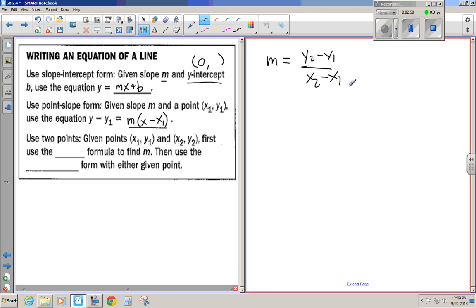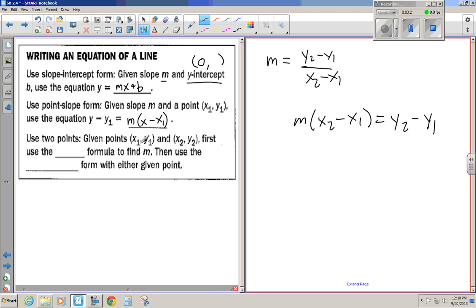If you multiply by the denominator, what you have is m(x2 minus x1) equals y2 minus y1. So this point-slope form is a derivation of the slope formula.